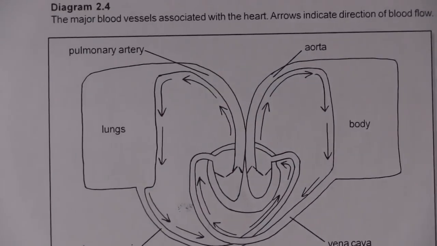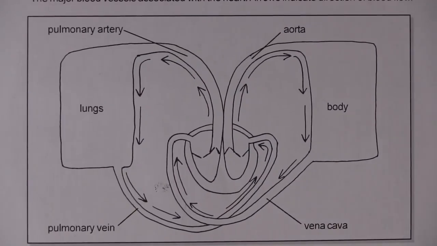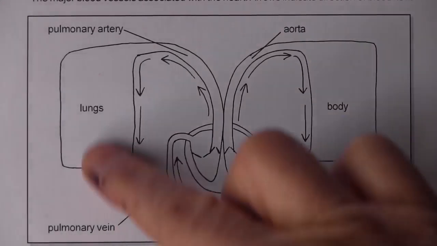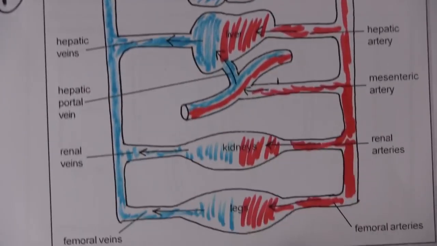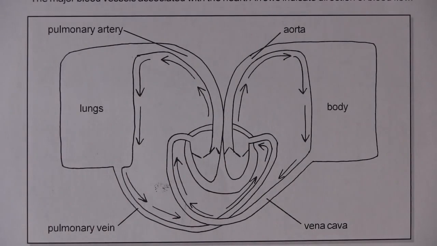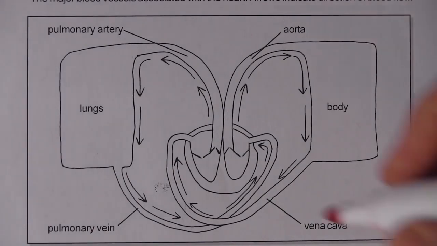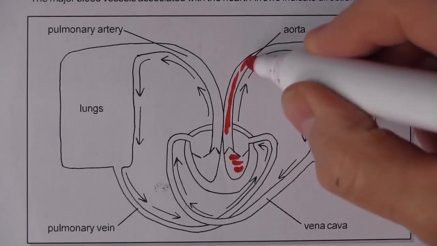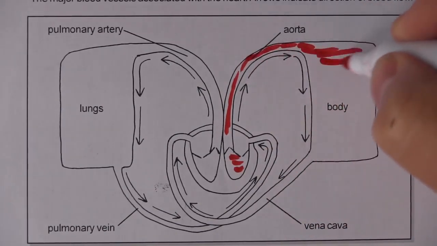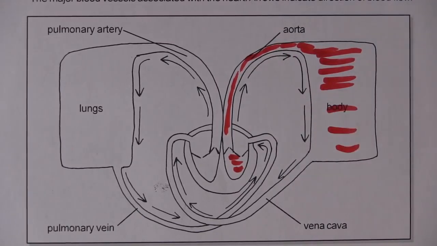And then the other diagram we use quite a lot is this one, and we could have started off with this one because it's a simplified version of all of this one that we've looked at. So what happens here is, let's start in the left ventricle this time, blood from the left ventricle through all the systemic arteries into the body, all parts of the body.